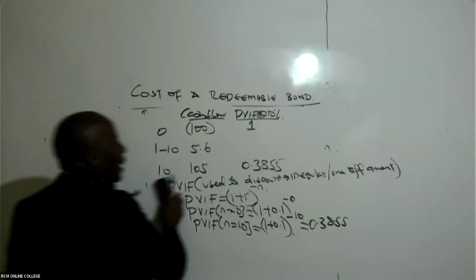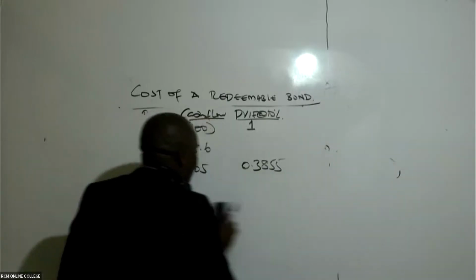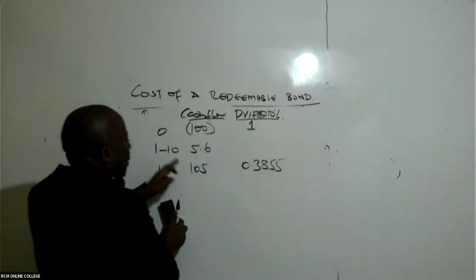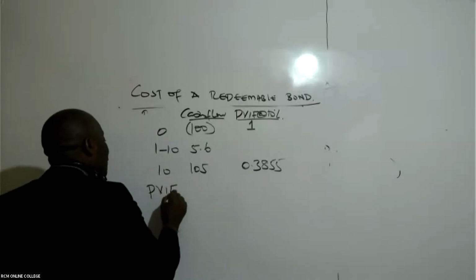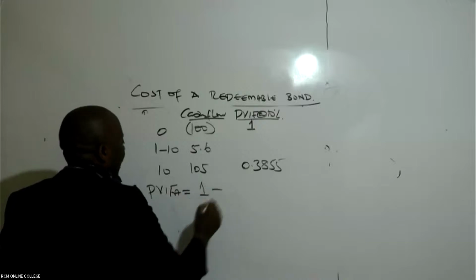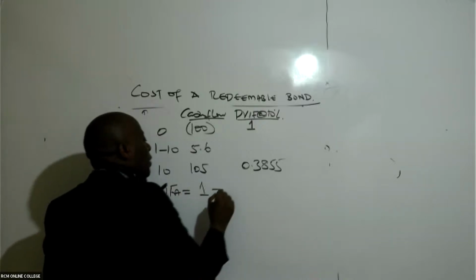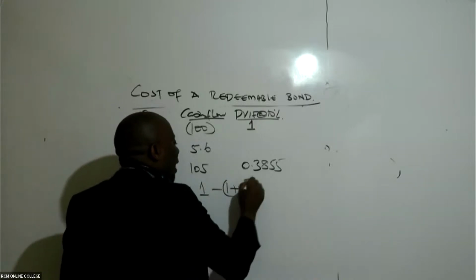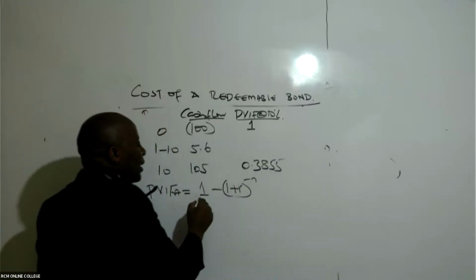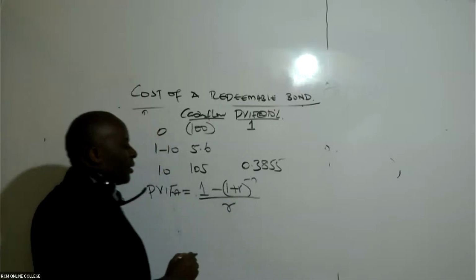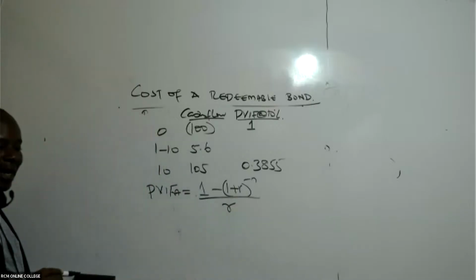What if now they tell me to calculate what we call PVFA for the series, like now these are series 1 to 10?